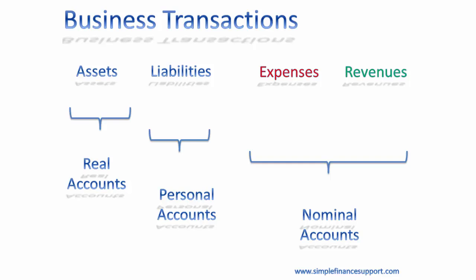The business transactions always have to be segregated into these, and one particular transaction can result in only real accounts, or real and personal accounts, real and nominal accounts, personal and nominal accounts, like that. So the combination of impact of a business transaction can be on anything, but it will definitely have two impacts, which are debit and credit impacts.